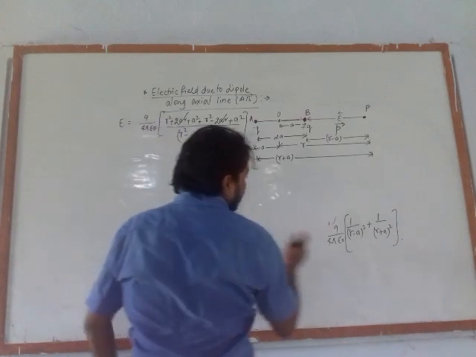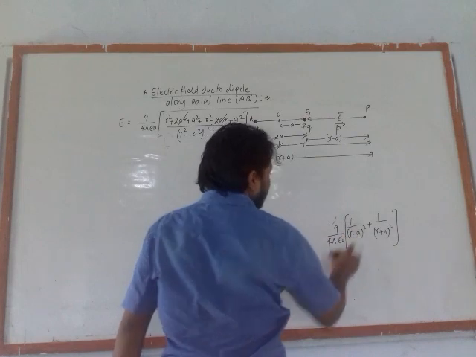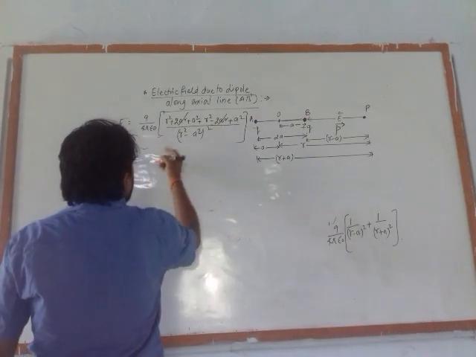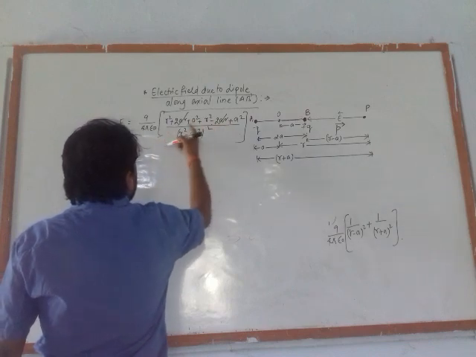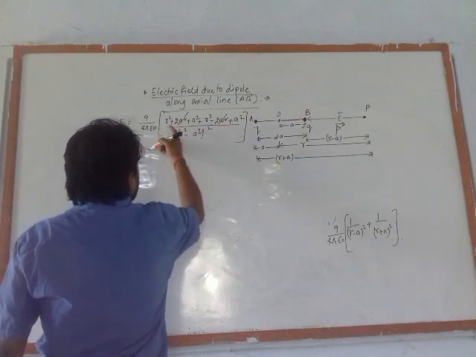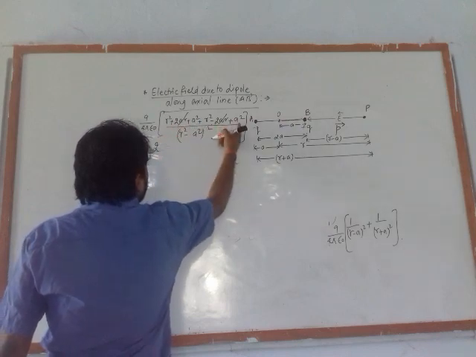What are they? R square. Yes. So then what do we write now? This is 2A square.